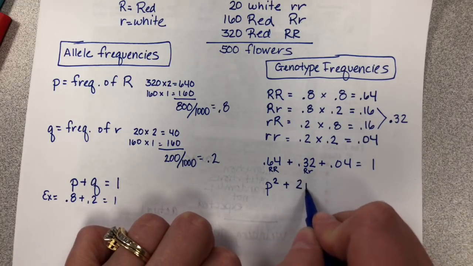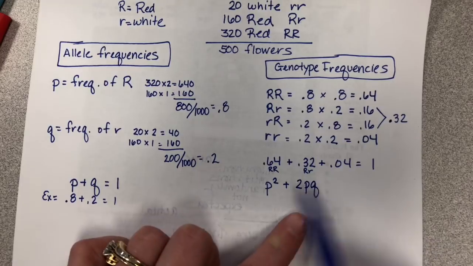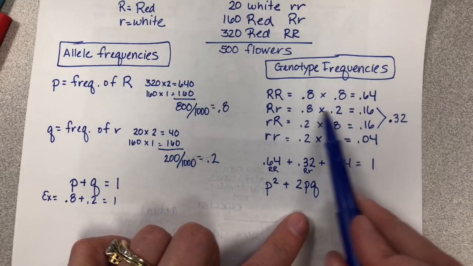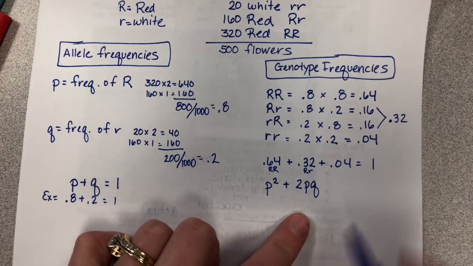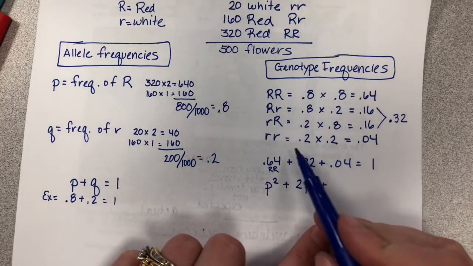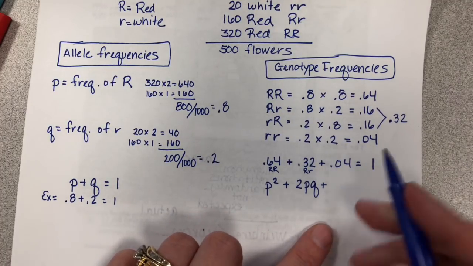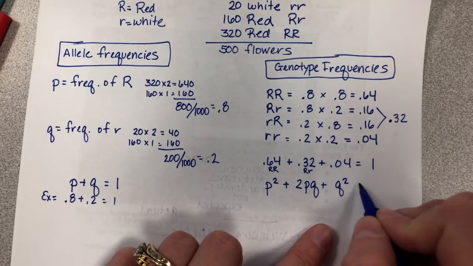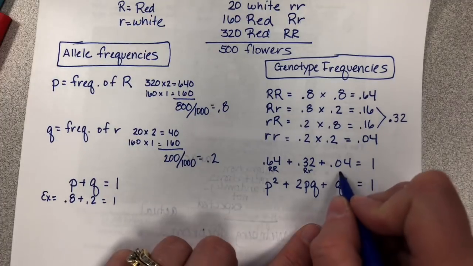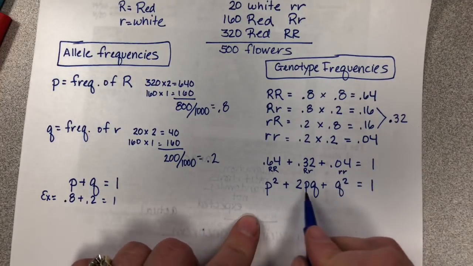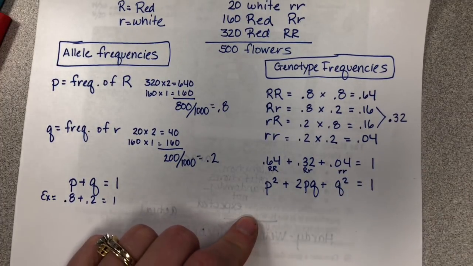So 2PQ, multiply P and Q once, twice, 2PQ plus, and then here what do we do? Q times Q, so that's the same as Q squared equals 1. And this was little r, this is our second Hardy-Weinberg equation.